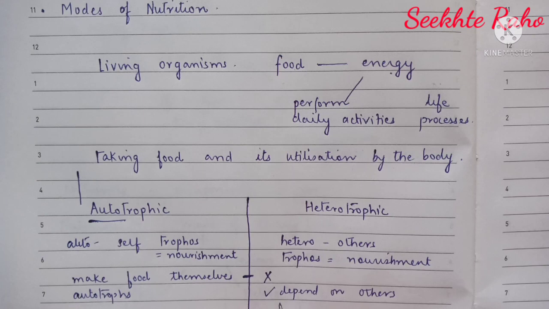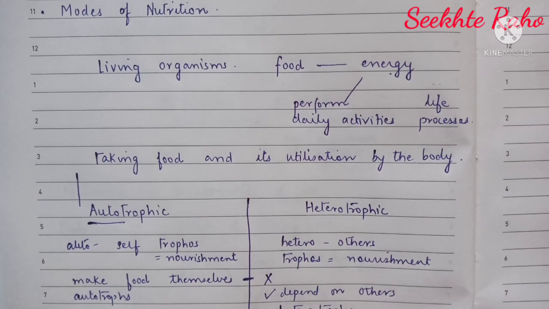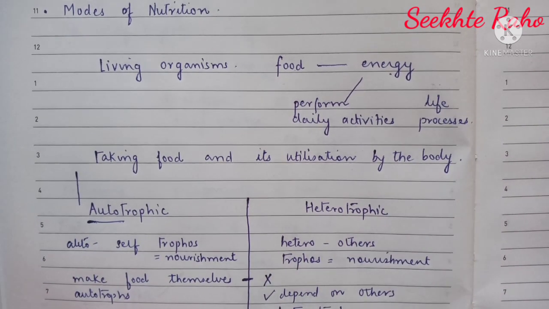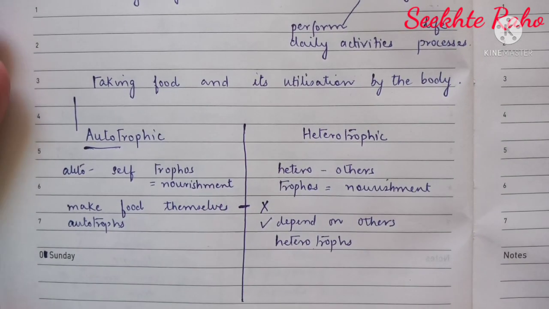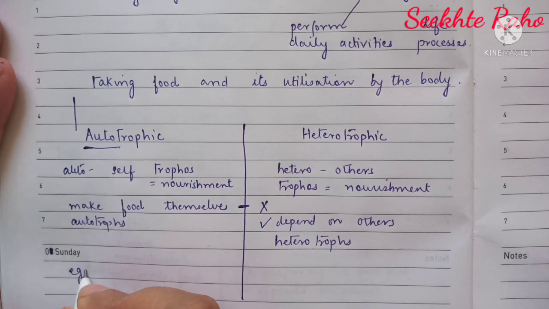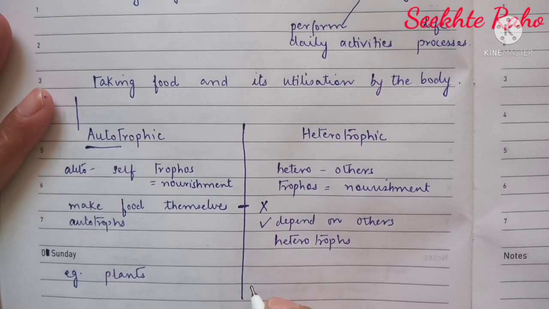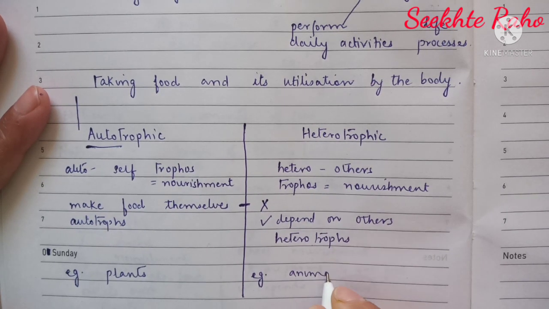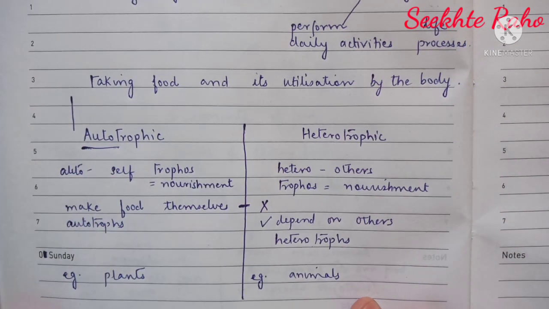They are called as heterotrophs. And the mode of nutrition is called as heterotrophic mode of nutrition. Example of autotrophs are plants, and example of heterotrophs are animals, including human beings also, right?